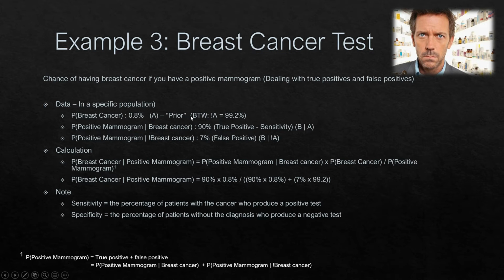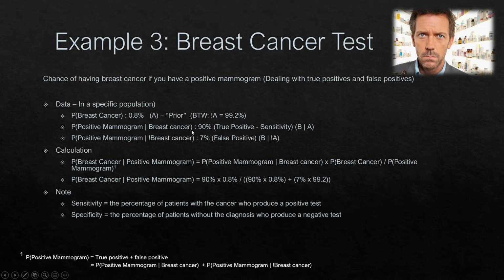And just be aware here that as part of this alternative version of the theorem, we need to know the probability that someone in the population doesn't have breast cancer, so it would be not A in this case, and it's really just the inverse of 0.8, it would be 99.2%. So this is where I messed up needing 4 inputs on my Bayes calculator. I didn't really need it because I could work it out based on what A is, what not A is.